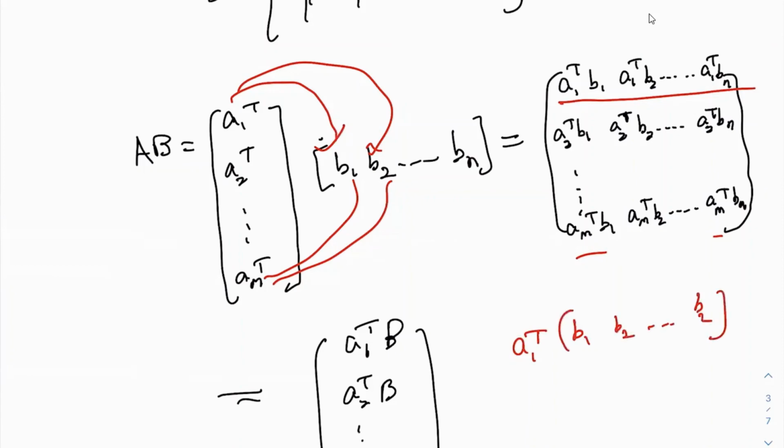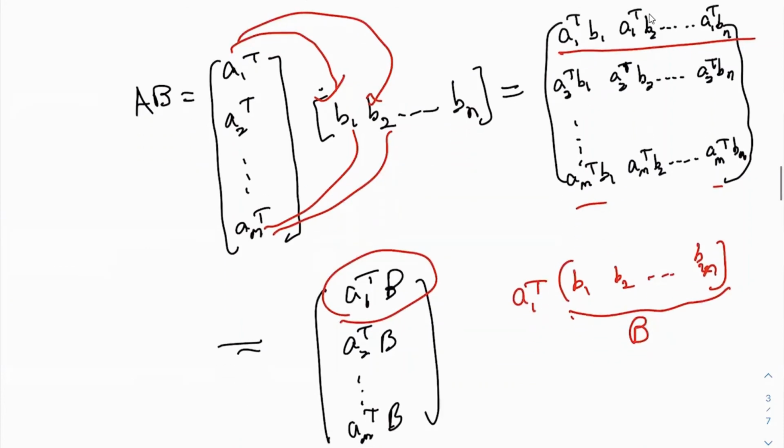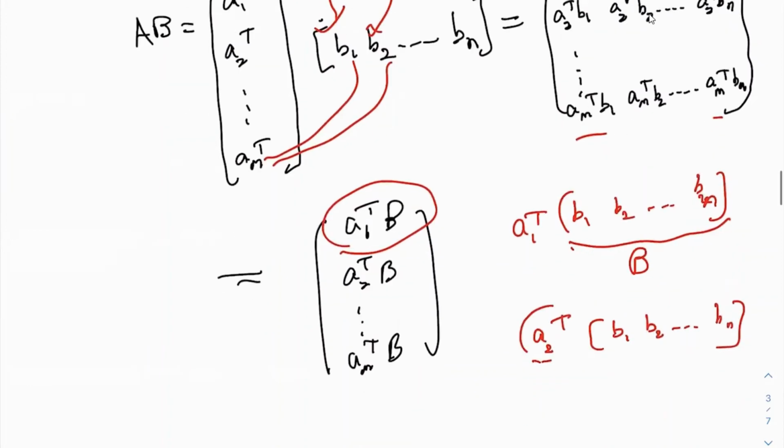These B1, B2, they are columns of B. This is nothing but matrix B. So it's going to be A1 transpose B. If you look at the second row of AB, again, you factor out A2 transpose, you get B1, B2, all the way to Bn. This is going to be A2 transpose times matrix B, and all the way to Am transpose times matrix B.